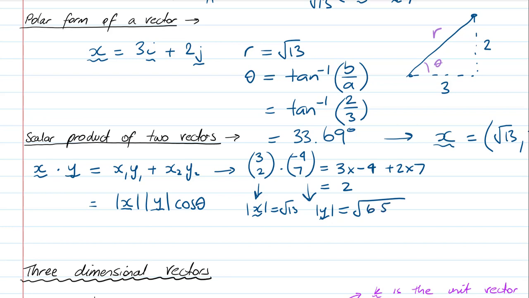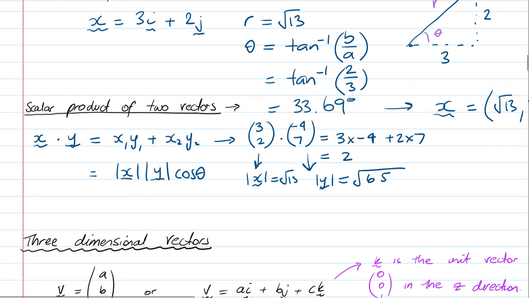We could actually use that information here to work out a value of cos theta, because we get the dot product is equal to 2, and that's equal to the square root of 13, interestingly, times root 65 cos theta. And that actually comes out to be 13 root 5, but that doesn't really matter. We could rearrange that to find theta. We can use that scalar product to find an angle between, and a few other things as well. Worth going back and having a look at that if you need to.